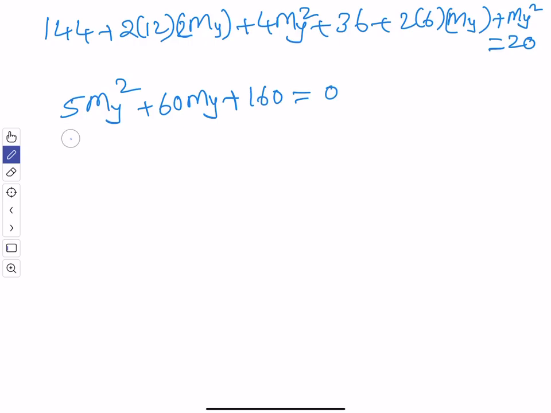Dividing by 5, My squared plus 12My plus 32 is equal to 0.